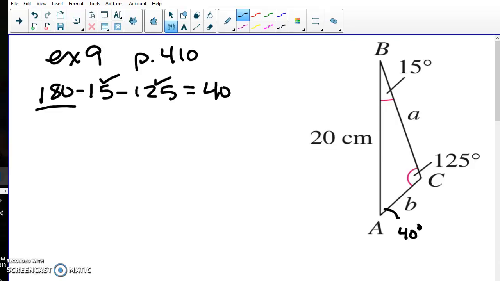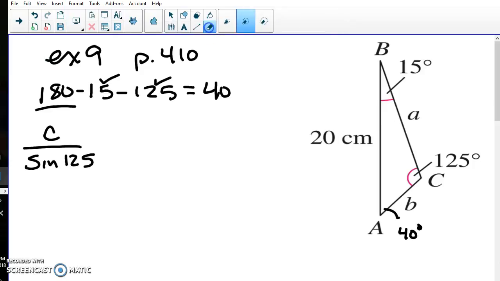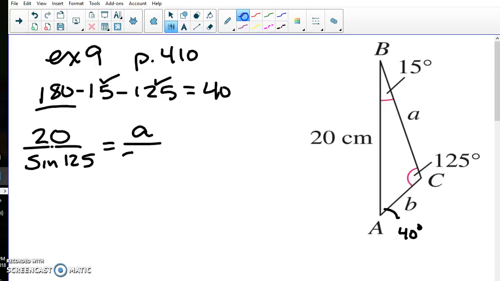So I'm going to say the side C over the sine of the angle C, 125. We have side C. That's why we're going to plug it in right here. So the side of C is 20 compared to the sine of 125 has got to equal the side A over the sine of A.